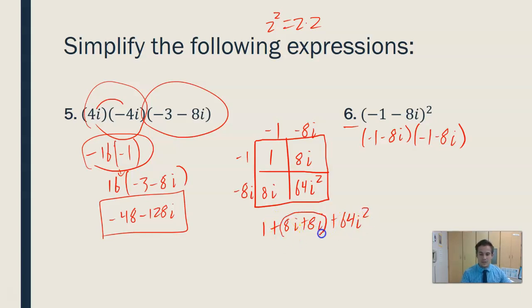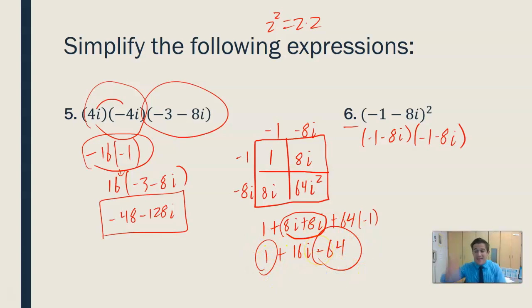Well, these two terms can combine together because they're the same, 8i plus 8i. And note that 64i squared is really just 64 times negative 1. So I have 1 plus 16i minus 64. Well, now 1 and negative 64 are like terms, so I can combine them together.